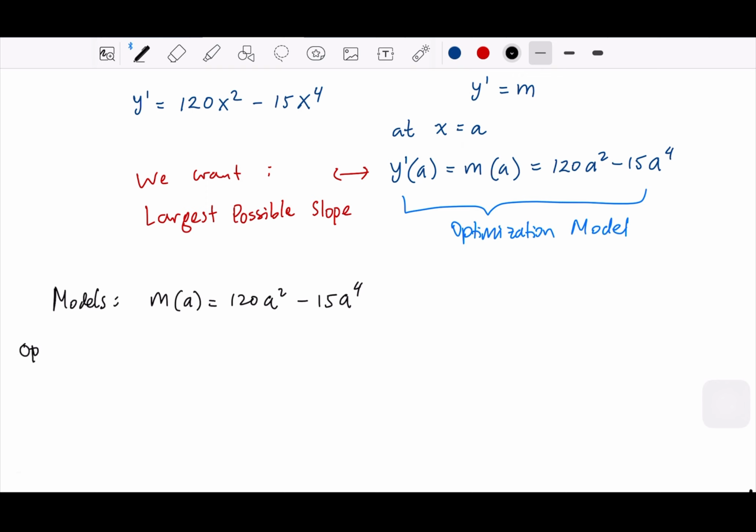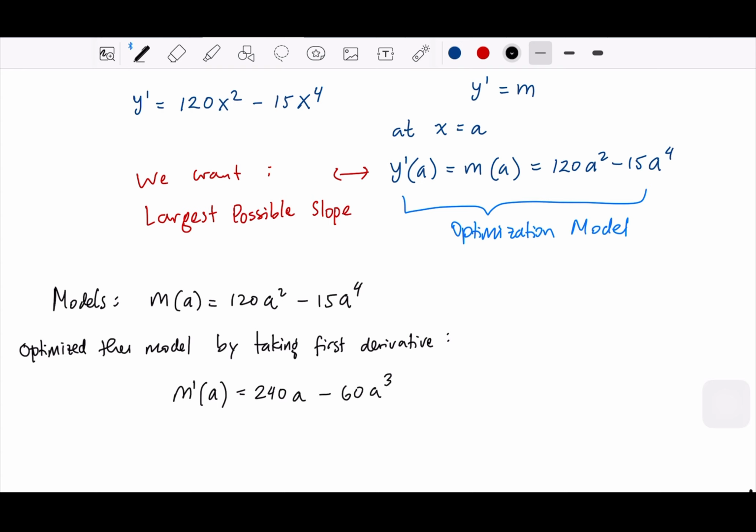Now optimize the model by taking the first derivative. So we take m prime a. This will be 240 and 60a cubed.